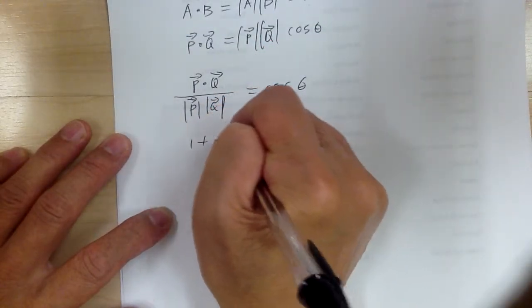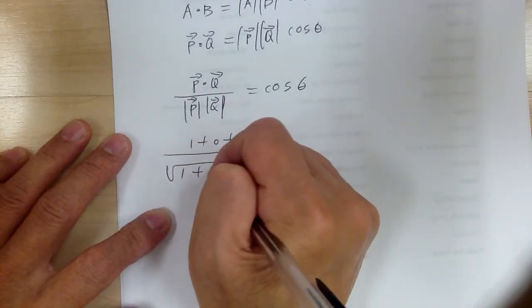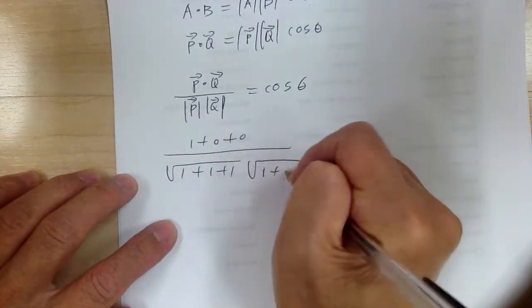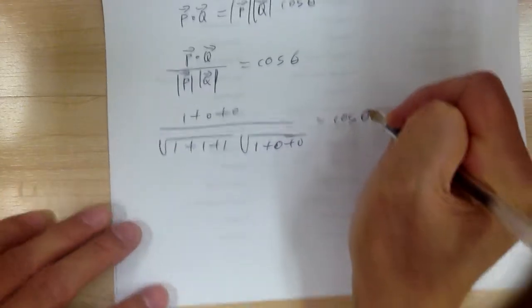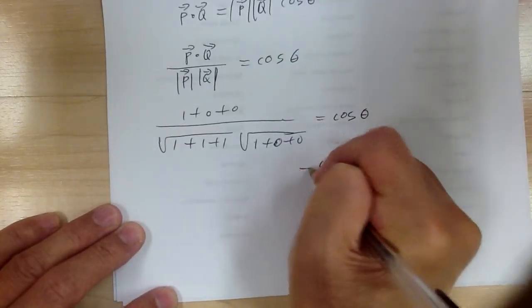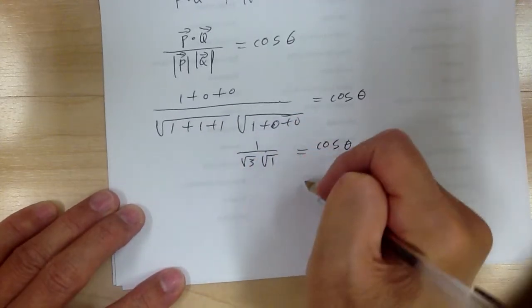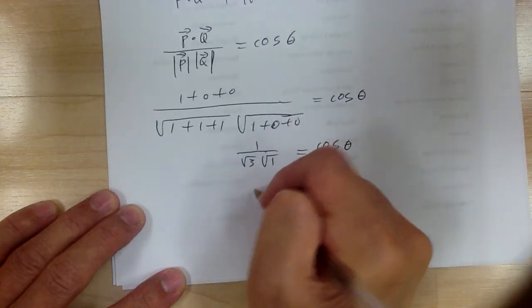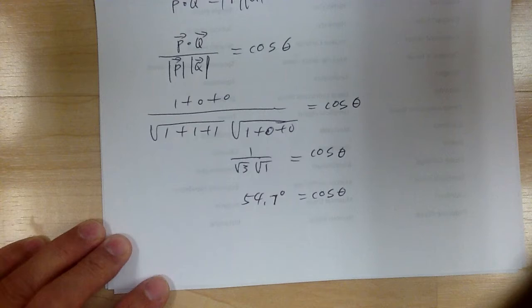So put in the numbers, you got 1 plus 0 plus 0 over the square root of 1 plus 1 plus 1, and for Q, you get the square root of 1 plus 0 plus 0. So cosine theta equal to 1 over square root of 3. You simplify, and you can just use a calculator to work it out. So you're going to get 54.7 degrees. And so that's it.